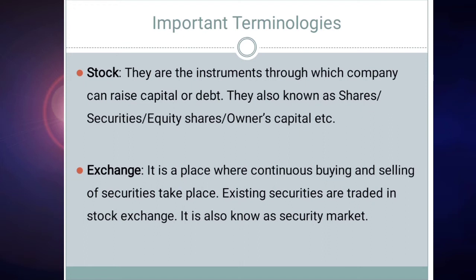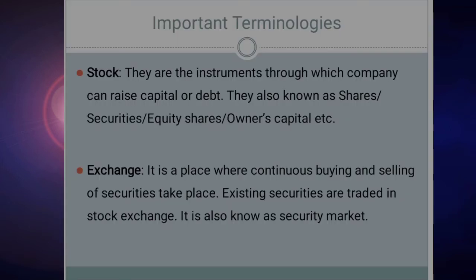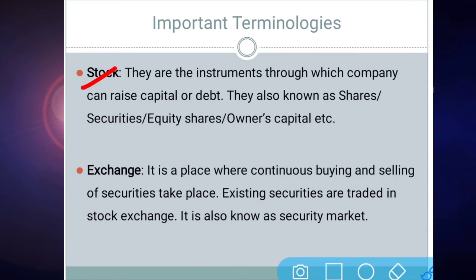Before starting chapter number 1, there are some important words that we need to learn, and these words are useful throughout SEM 5 and 6. We need to deal with those words frequently. So let us understand what they are. Firstly, it is stock. Stock is also known as shares and securities.